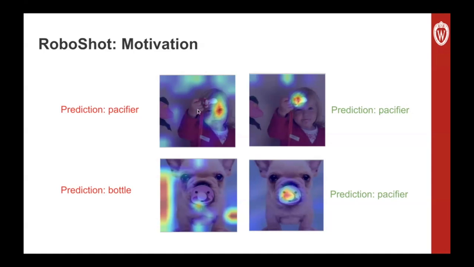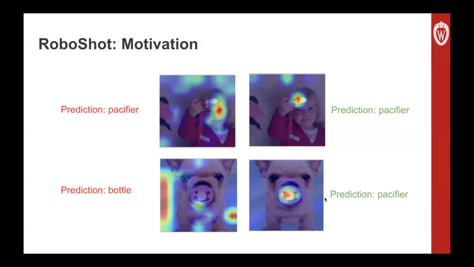Here, for example, if we want the model to learn to detect pacifiers, in the training data pacifiers more often than not appear with a baby. So then the classifier learns the association between a baby and a pacifier. And when we test it on data slices that don't follow these spurious associations in the training data, the model can give us a wrong prediction.